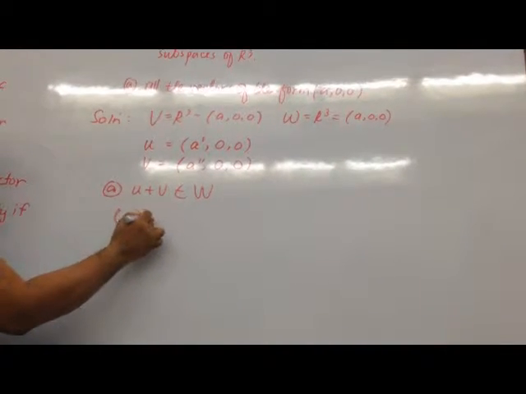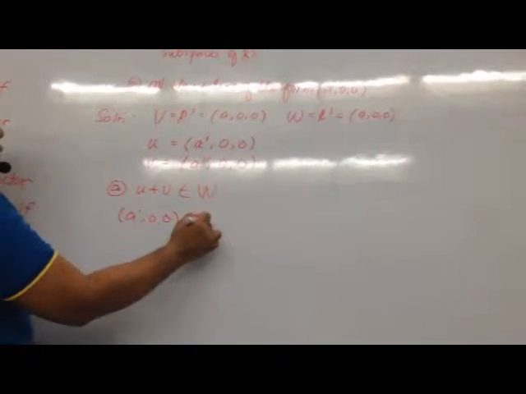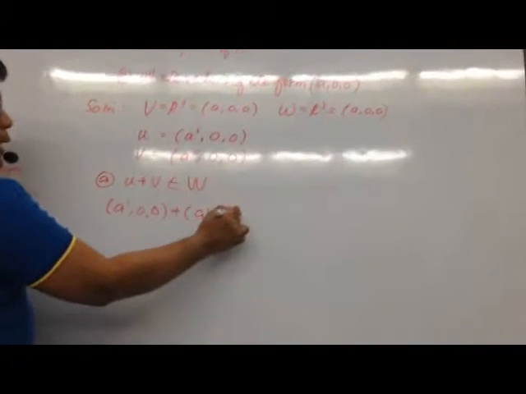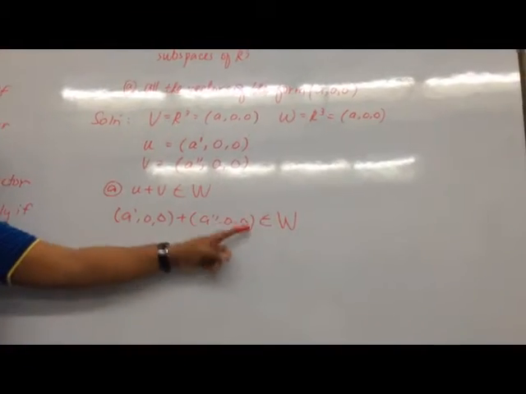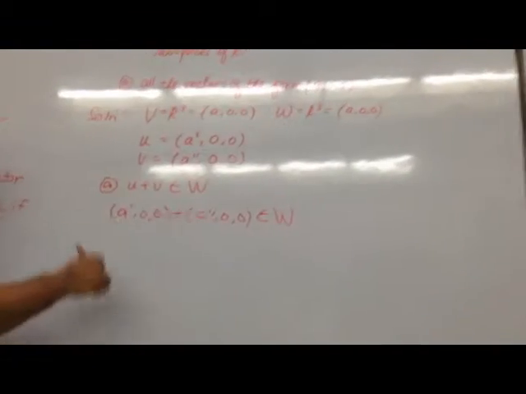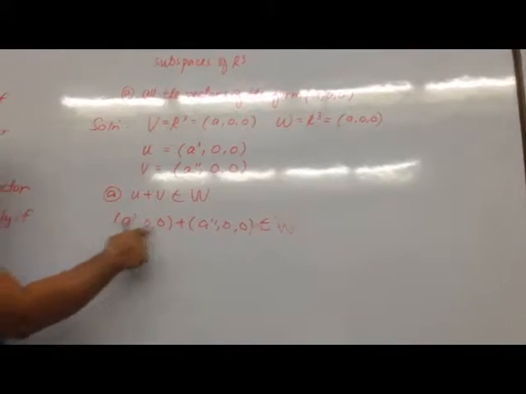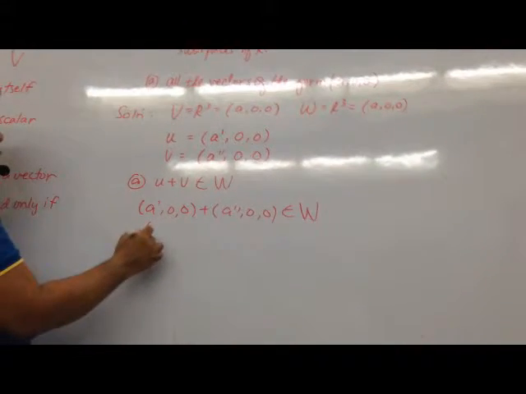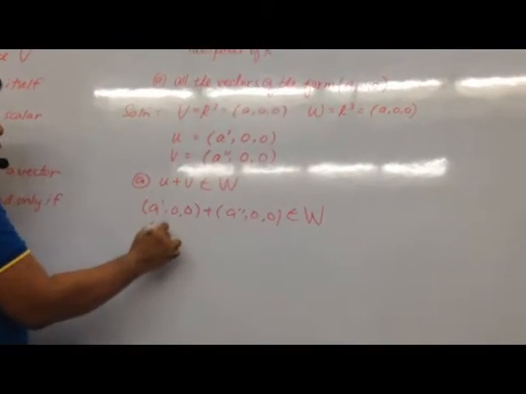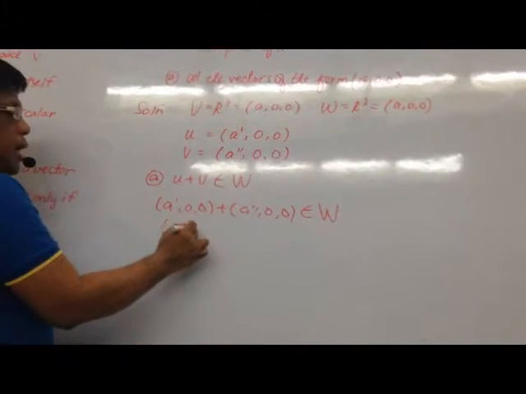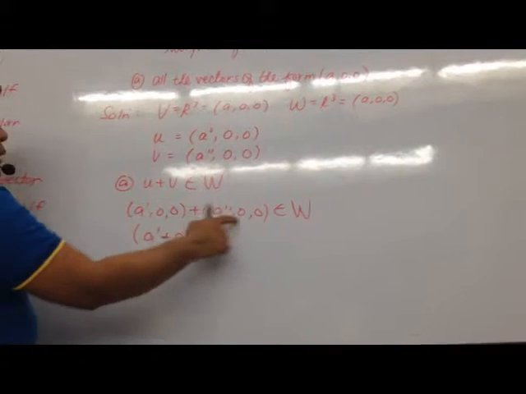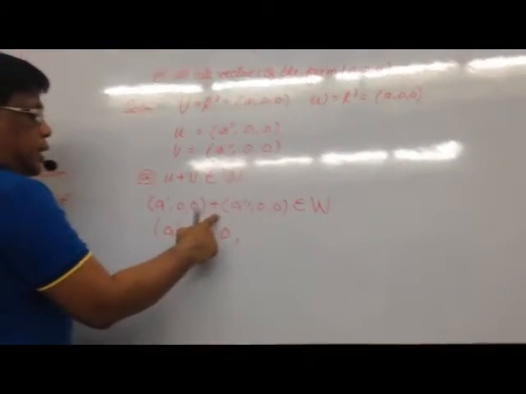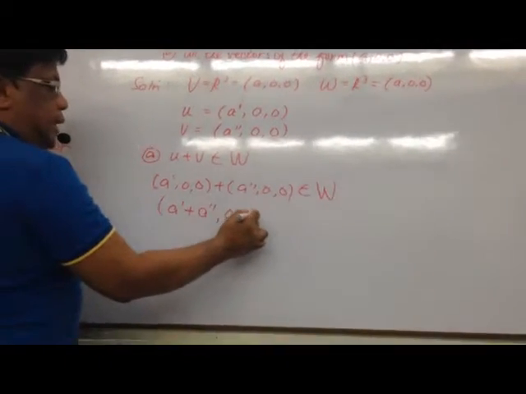So u is (a prime, 0, 0), then your vector v is (a double prime, 0, 0). So class, let us check if this is an element in W. Okay? So we will perform the usual or standard vector addition, class. So how is this again? Add a prime to a double prime, this will give you a prime plus a double prime. Then 0 plus 0 will give you 0. Then the third component, 0 plus 0 is again 0.